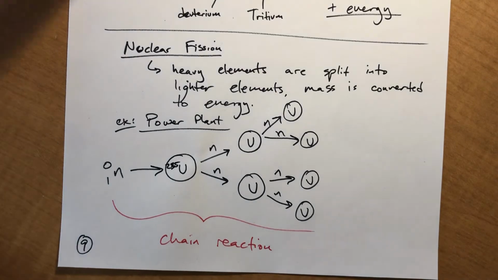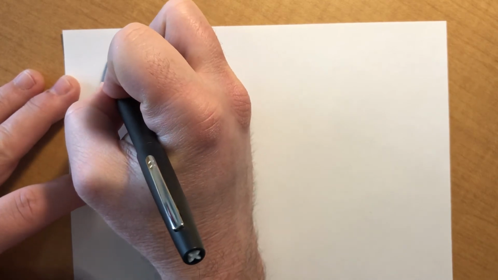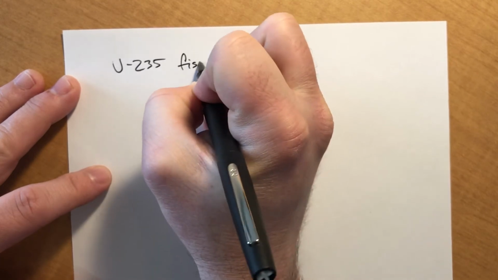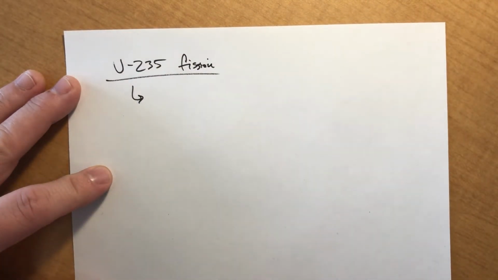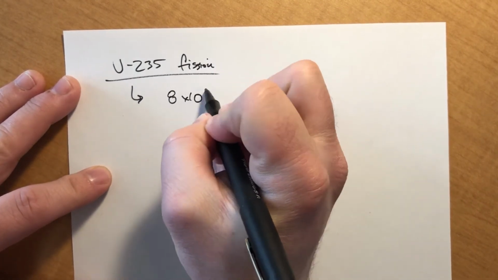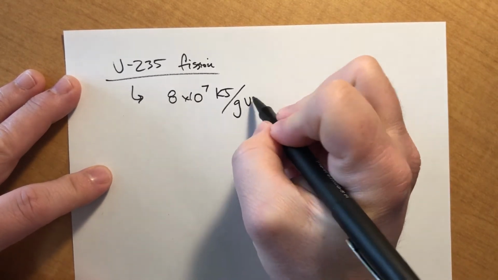Let's talk about the energy component of this one. It turns out for uranium-235 fission, you get 8 times 10 to the 7th kilojoules per gram of uranium.